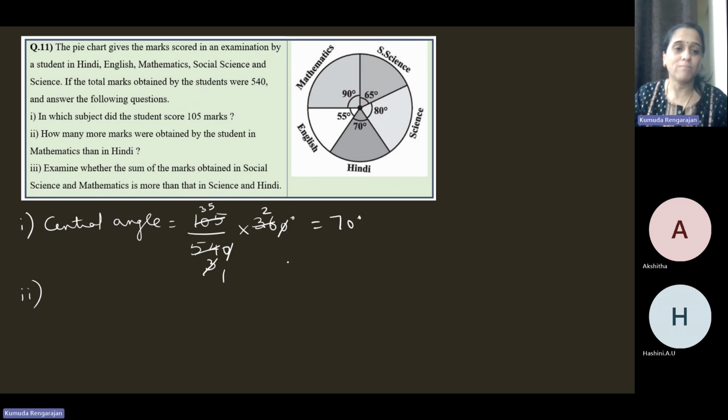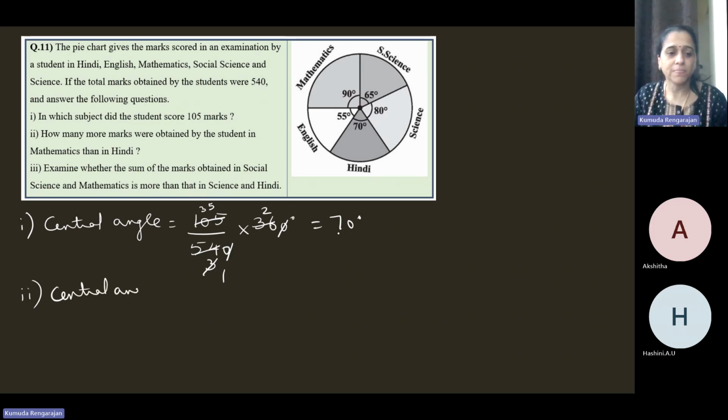How many more marks were obtained by the student in mathematics than in Hindi? Mathematics is 90 degrees, Hindi 70 degrees. So what's the difference? In central angle, 20 degrees is the difference. One minute, listen carefully.